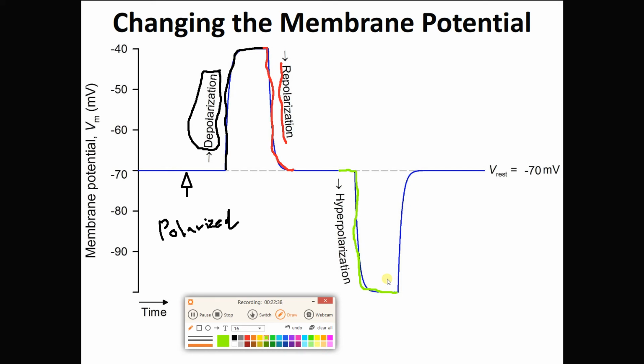So we have even more of a difference. So these are the three basic ways we can change the membrane potential. And we're going to see all three of these ways when we look at the signaling that neurons are going to do.